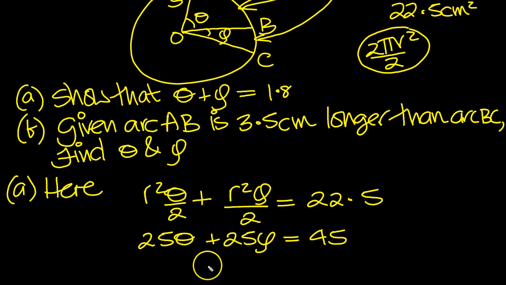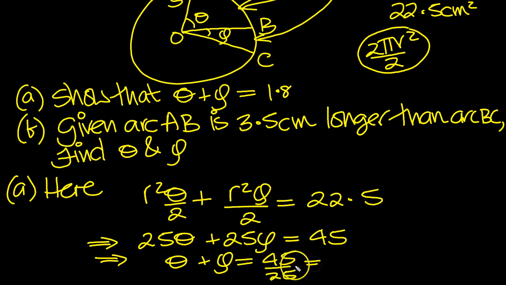So now what can we do? We divide by 25 then. So theta plus phi, divided by 25, is 45 over 25, 9 over 5, which is 18 over 10, which is 1.8. Theta plus phi equals 1.8, that's part A.